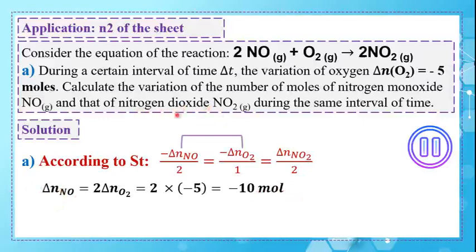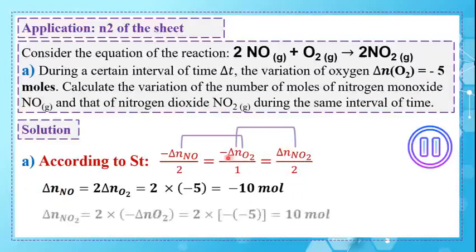For delta n of NO2, it will be equal to 2 times minus delta n of O2. This is the minus, and because delta n of O2 is negative, we get 10 mol, which is the variation of the number of moles of a product, with a positive value.